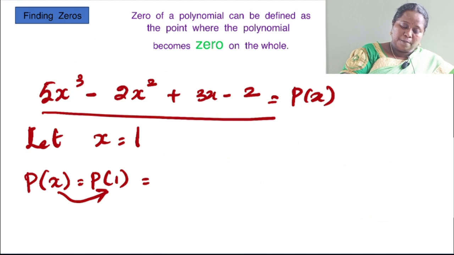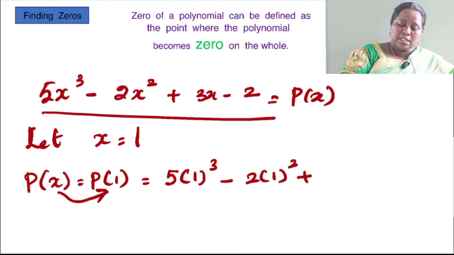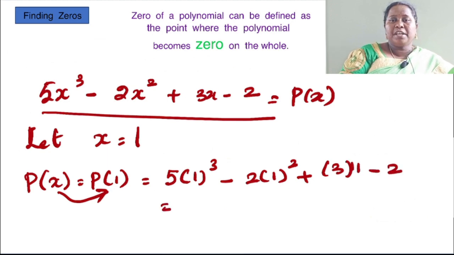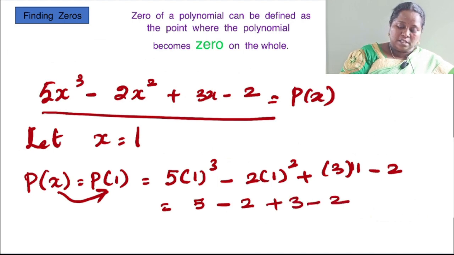If you substitute here, 5 into 1 the whole cube minus 2 into 1 the whole squared plus 3 into 1 minus 2. 5 into 1 cube is 5, minus 2 into 1 is 2, plus 3 into 1 is 3, then minus 2 as it is.